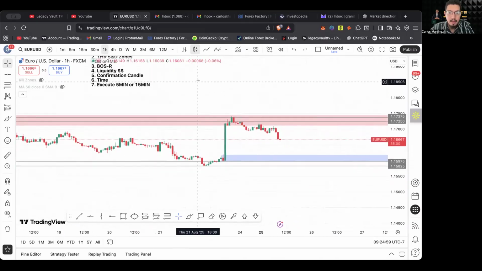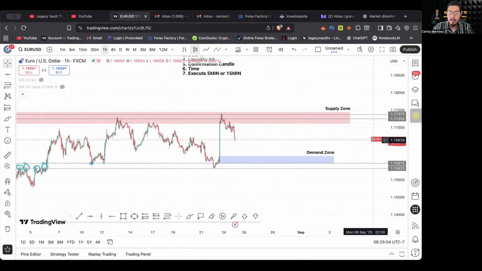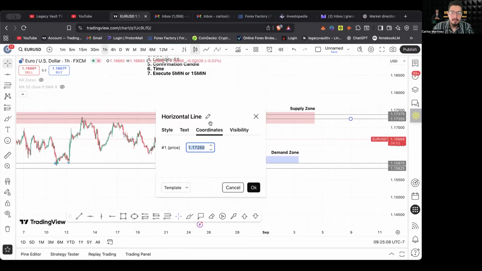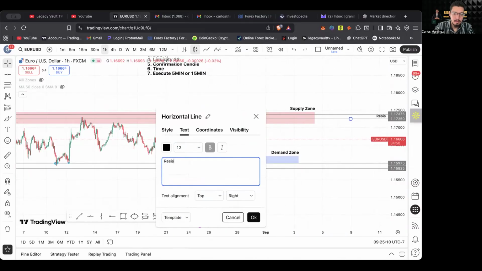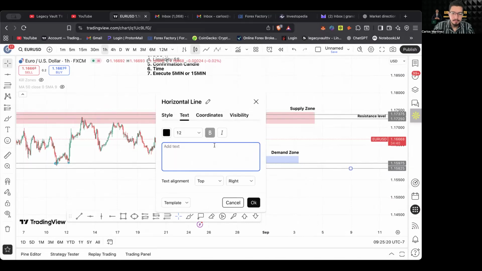And we'll talk more about that on our next call. So as of right now, we identified our supply and demand zones. This is a resistance level. This is our support level.